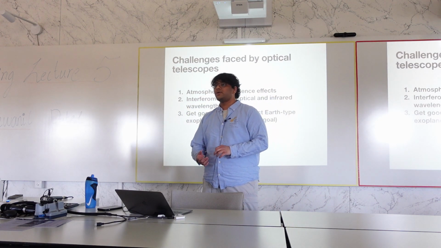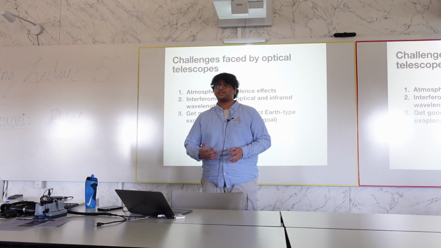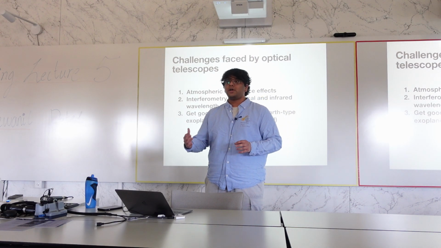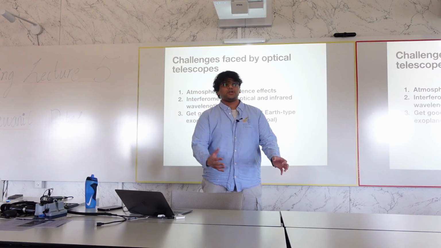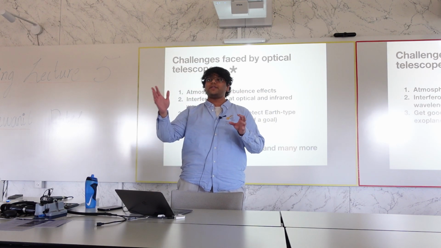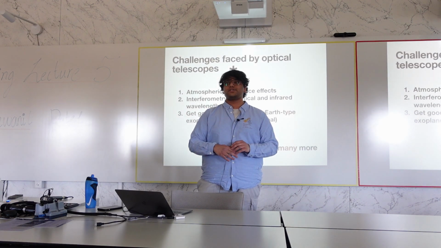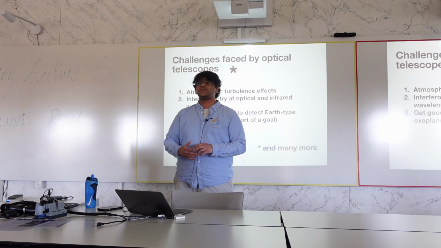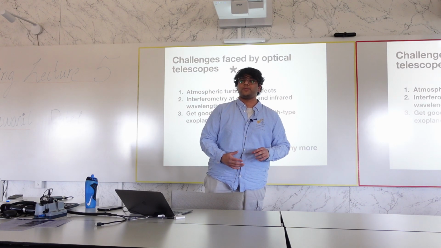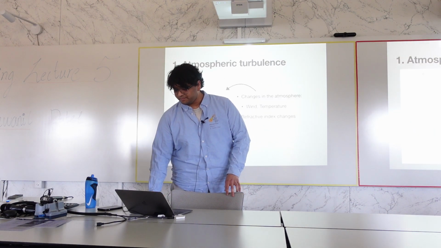So we need to get good enough to detect these Earth-type exoplanets. That is more of a goal than a challenge, but it's something we want to work towards. There's a really big asterisk over here because these are not the only challenges, there are many more. But these are a few of the challenges I want to discuss in this lecture.